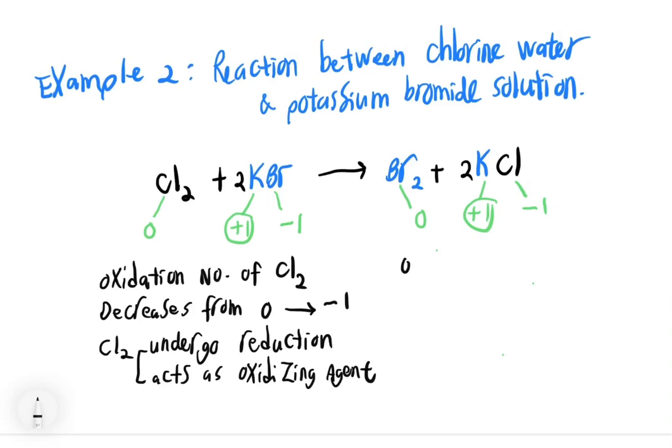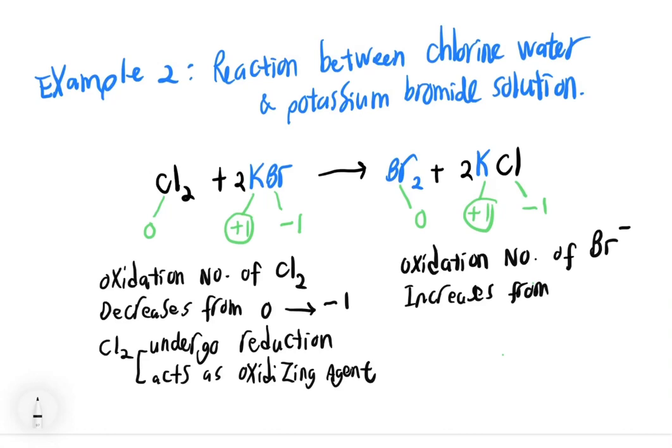Next is the oxidation number of bromide ion, Br-, which increases from -1 to 0.